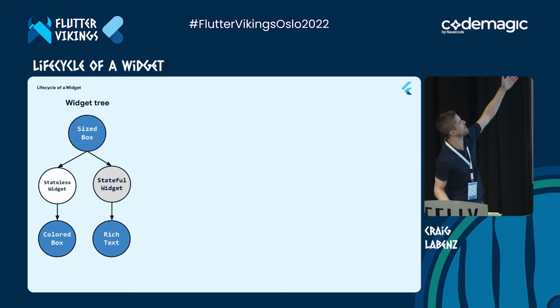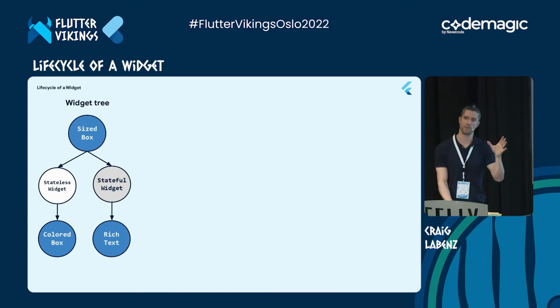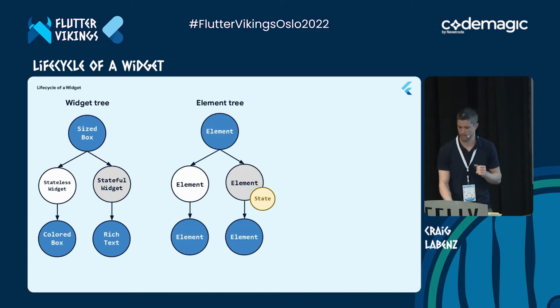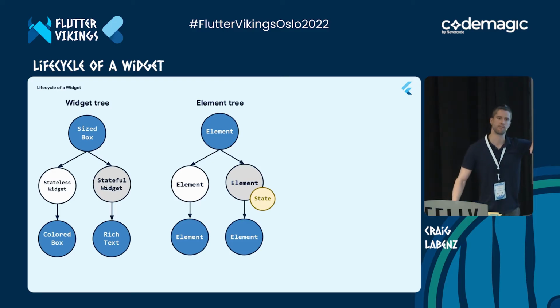But anyway, the white circle on the left is a stateless widget, then the gray circle is a stateful widget, and then the 3 blue circles are render object widgets, which you may or may not already be acquainted with. And a lot of Flutter developers know that every widget is backed by an element, and that element is the magical build context parameter that is passed into our build methods.